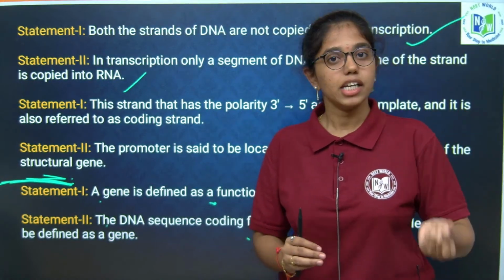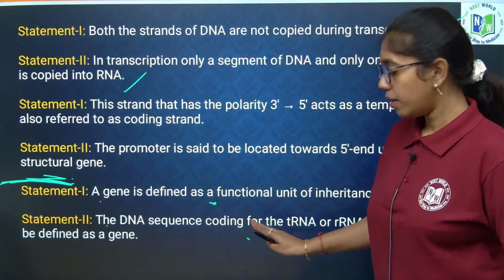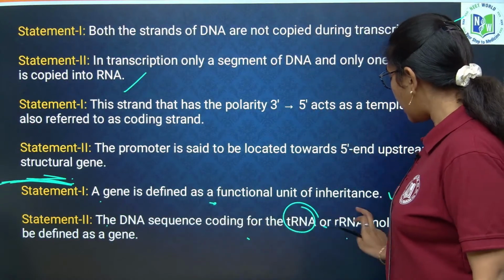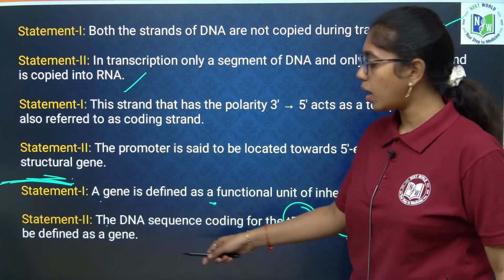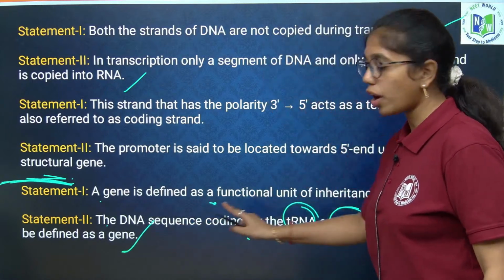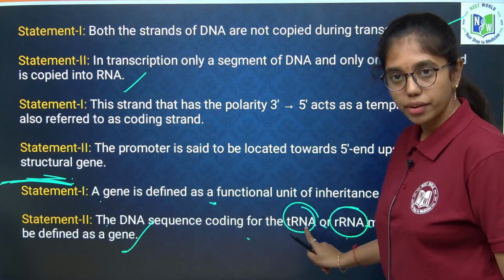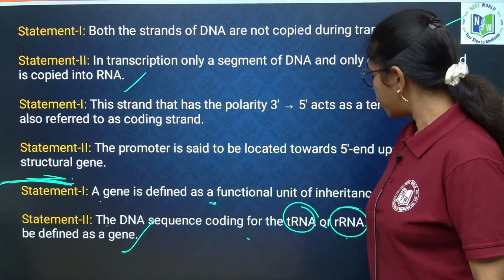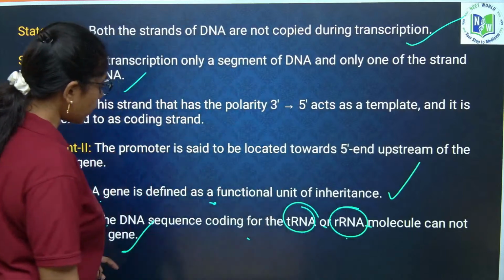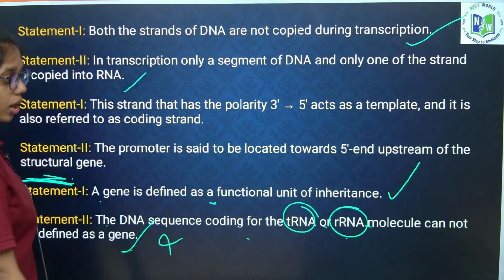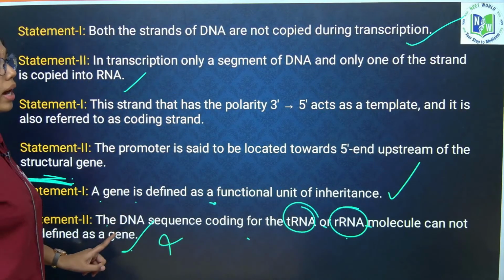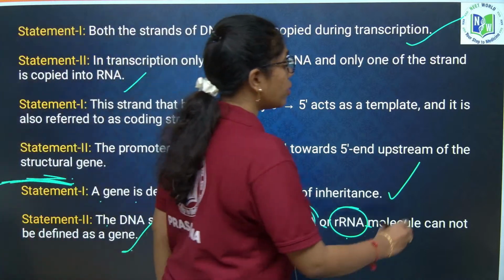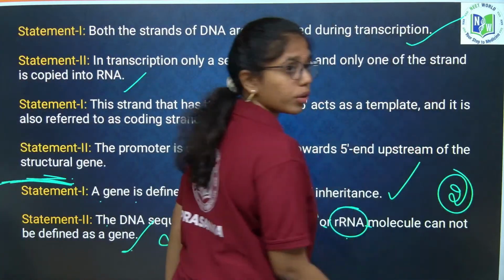So yes, the gene which is coding for tRNA and rRNA is also called a gene. It is doing a function, so it is a functional part of DNA, so it is called a gene. So this statement is wrong. Statement 1 is true and 2 is false, then you have to choose option 2.